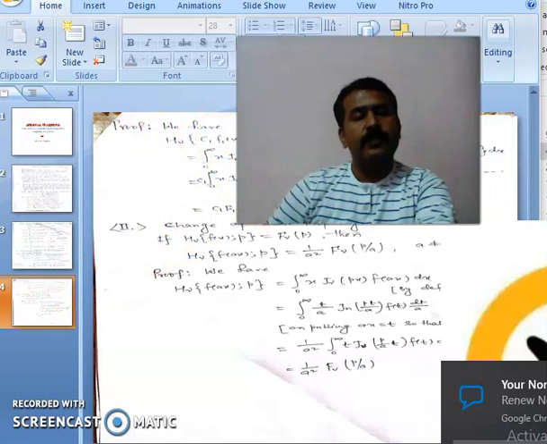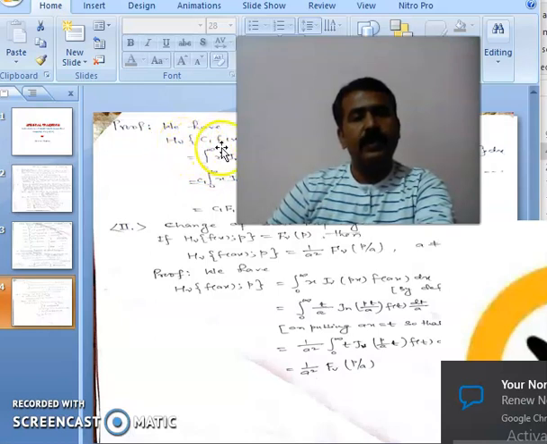Now we can prove this result easily. We consider Hv of c1 f1(x) plus c2 f2(x) plus dot dot dot cn fn(x) such that p. From the definition, Hv can be written as the integral from 0 to infinity of x Jv(px) times c1 f1(x) plus c2 f2(x) plus dot dot dot cn fn(x) dx.